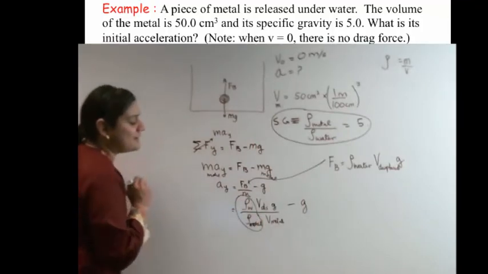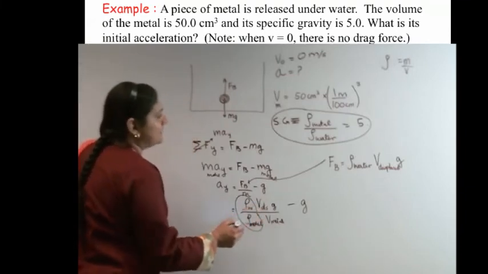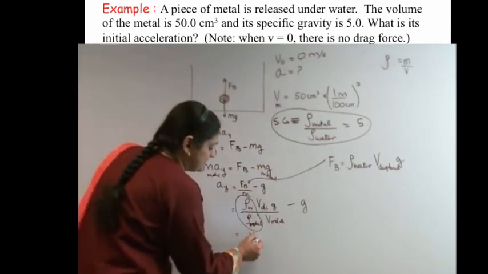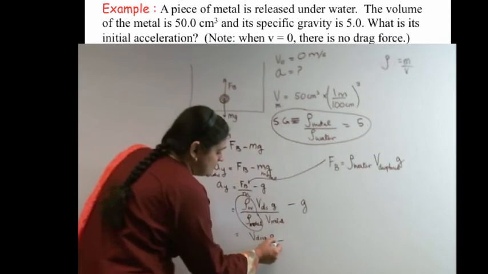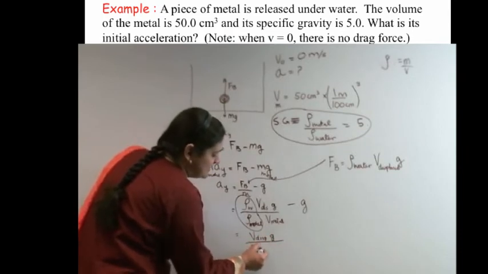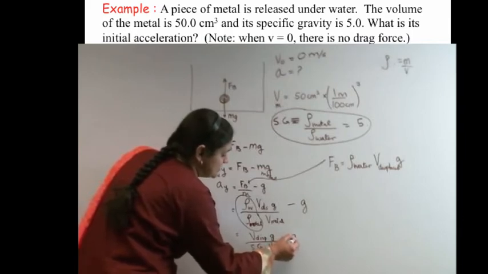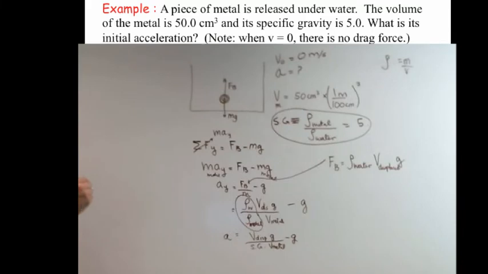But the specific gravity is going to come towards the bottom, and that's okay. So the volume that is displaced times G, over specific gravity and volume of the metal, which is given, minus G, will give me my initial acceleration. Now, how do I find the volume displaced and the volume of the metal?